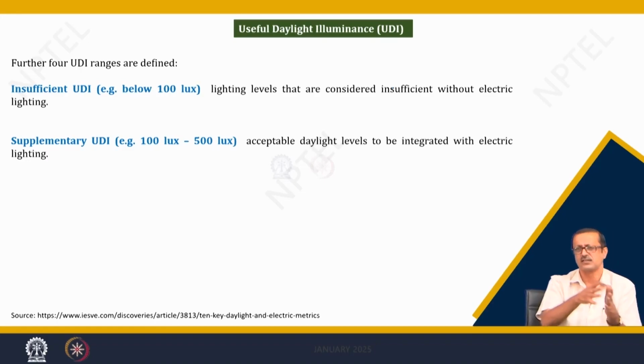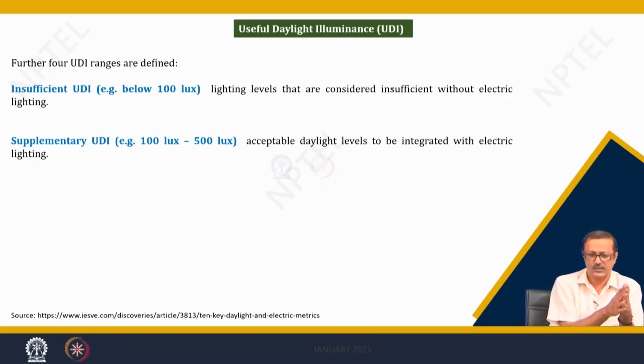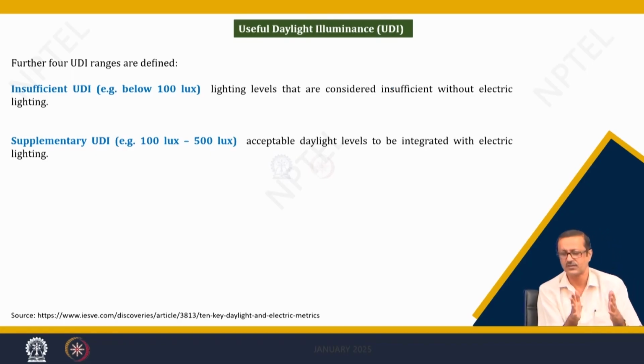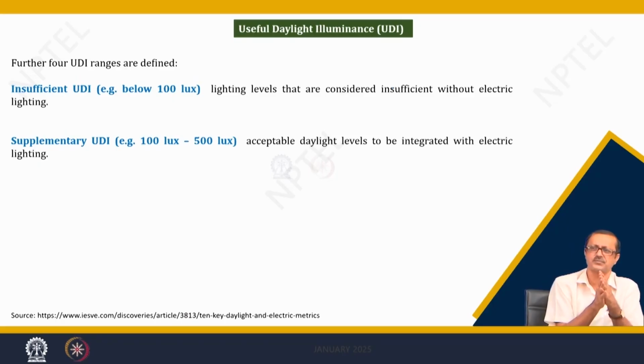Sometimes it is 100, sometimes 500 or 400, 300, whatever, in this range. So, this is called the supplementary UDI, where acceptable daylight levels are there and we can integrate with the electrical light. So, sometimes, not throughout the year, I may require some kind of supplementary electrical lighting.